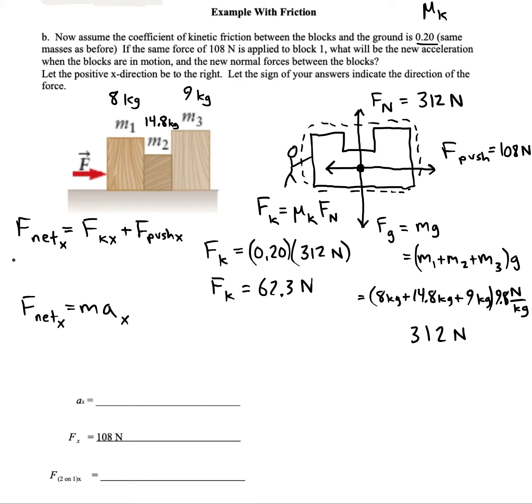It's a very subtle thing that sometimes eludes people. Understandably, it took me many years to figure it out. Alright, so let's put negative 62.3 plus 108. That way we're getting the net force in the x direction.